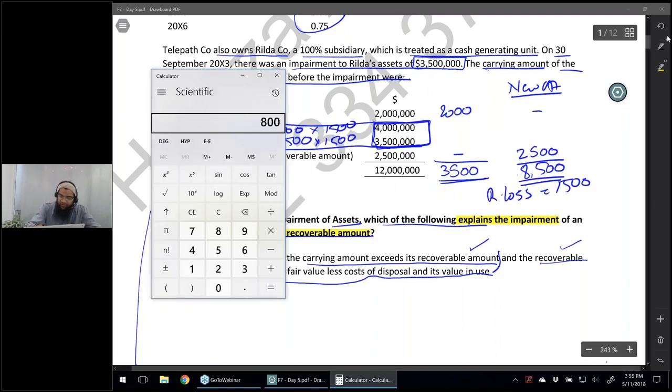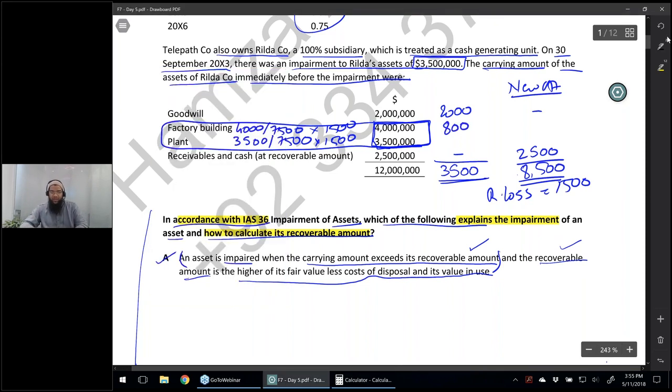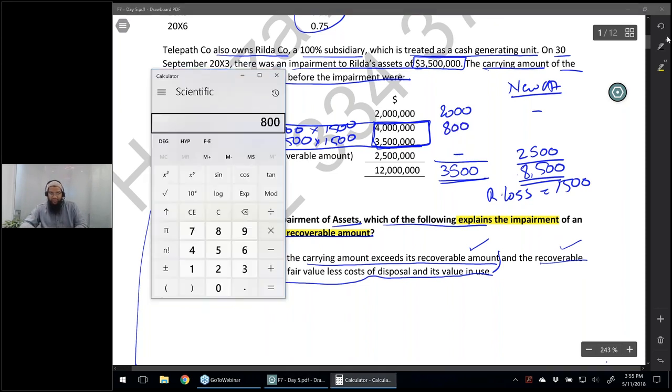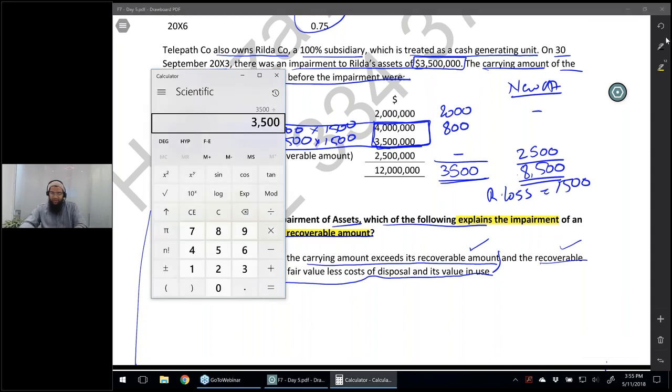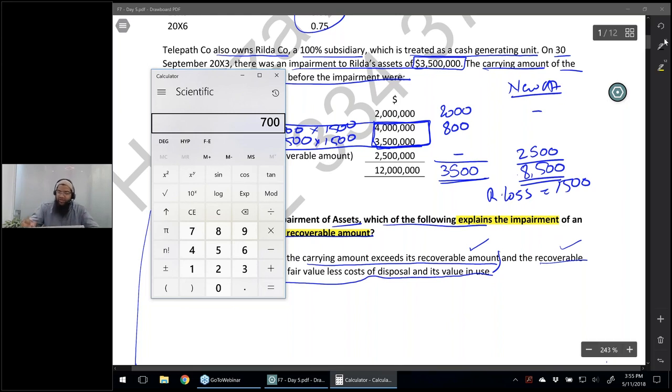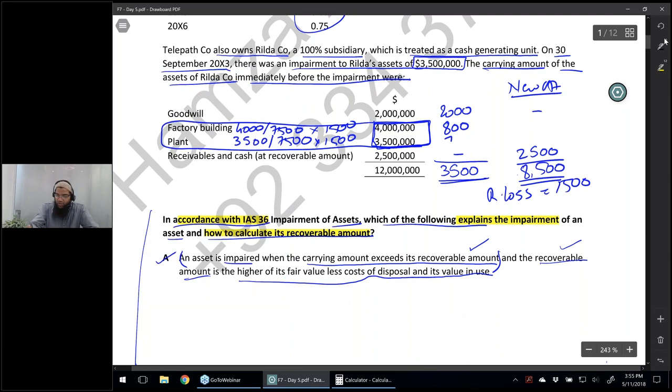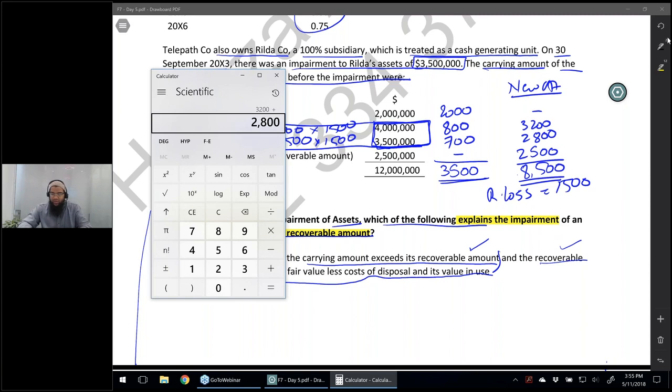So a loss of 800 should be allocated to the factory, and similarly 3,500 divided by 7,500 into 1,500 is going to be 700 of loss to be allocated to the plant. So the new carrying amounts are going to be 3,200 and 2,800. Now let's see if the sum is correct. 3,200 plus 2,800 plus 2,500 is 8,500. So yes, we have distributed the amount correctly.